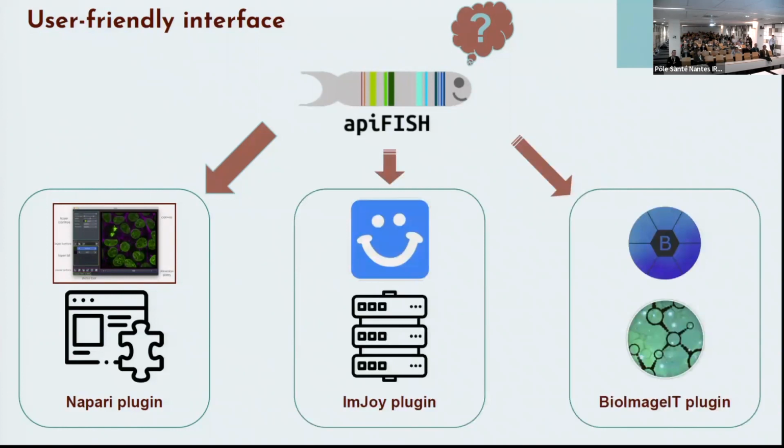In the future, we are open to other possibilities, and we're exploring other graphical interfaces like ImJoy or BioimageIT, like you have seen before. And this meeting is a great opportunity to also discuss this.